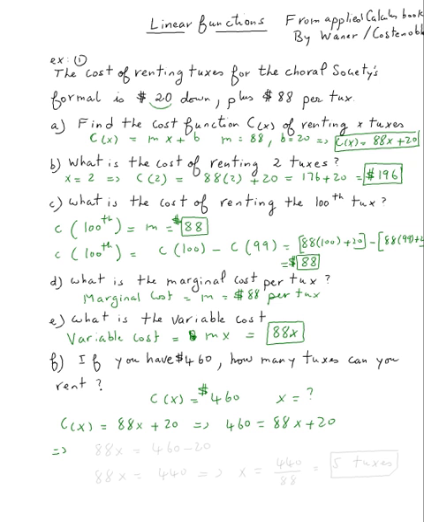This means that 88x is equal to 460 minus 20. So 88x is equal to 440. Now divide by 88. And then you're going to get 5 tuxedos. And that would be the answer. And that's it for this problem.